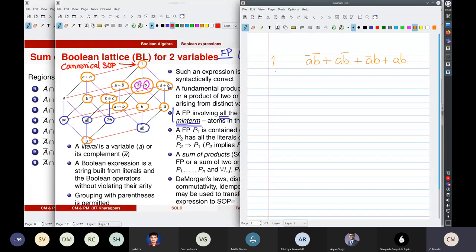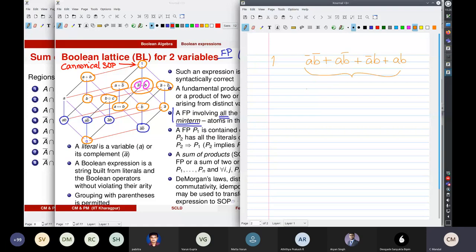So how do you compare the two? This is much bigger, right? Yes, this is much bigger. So that is the problem.